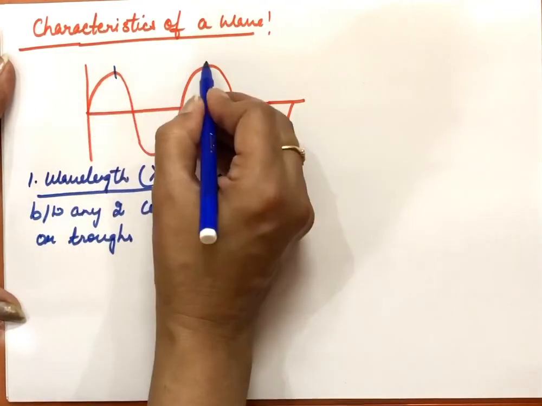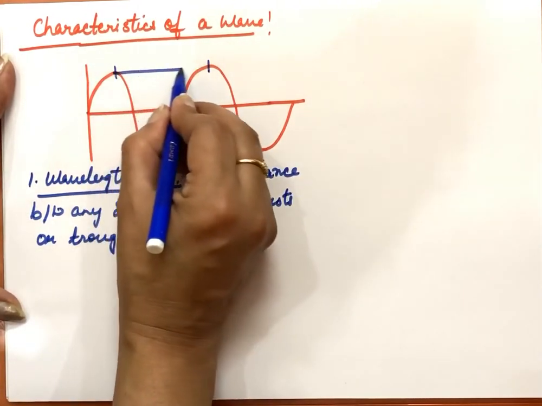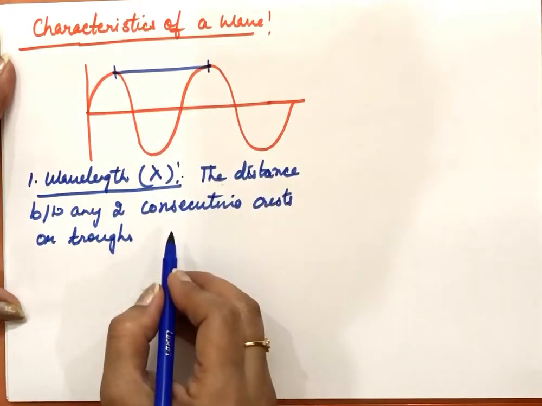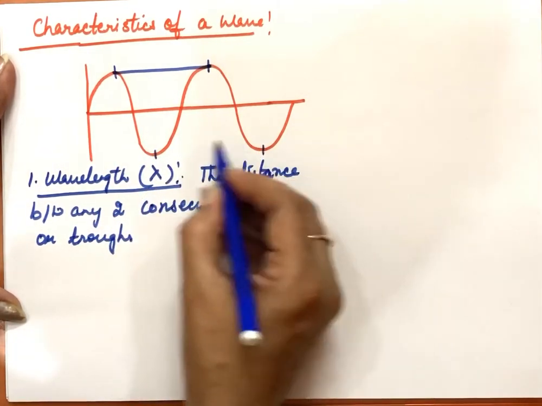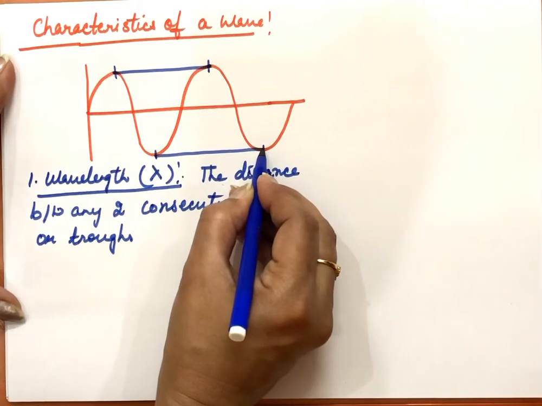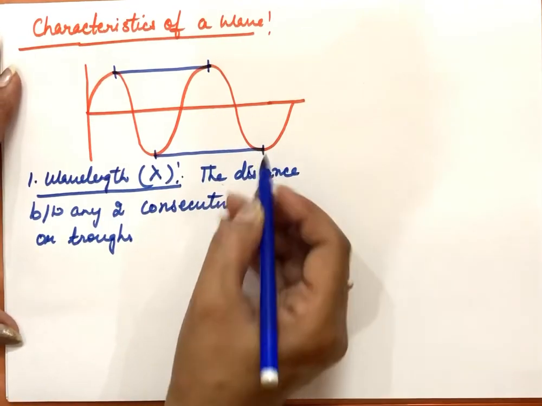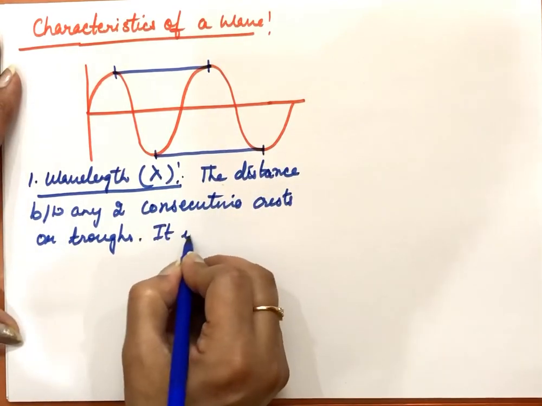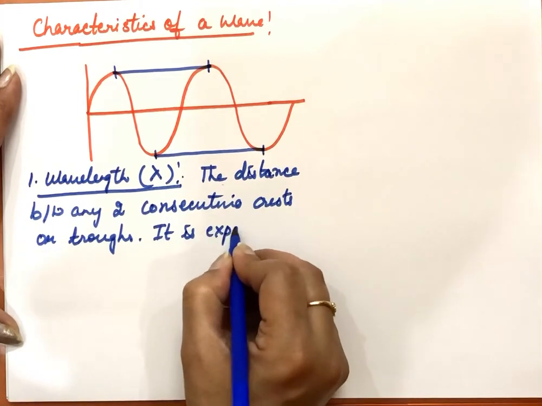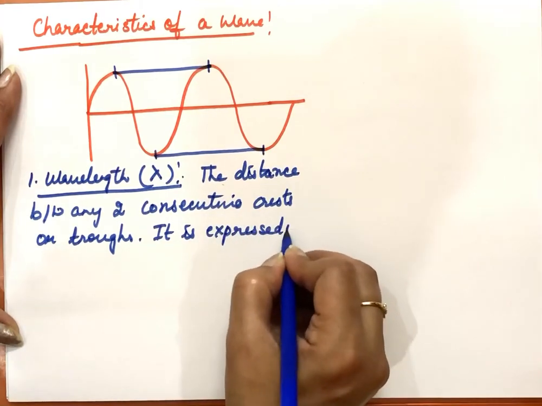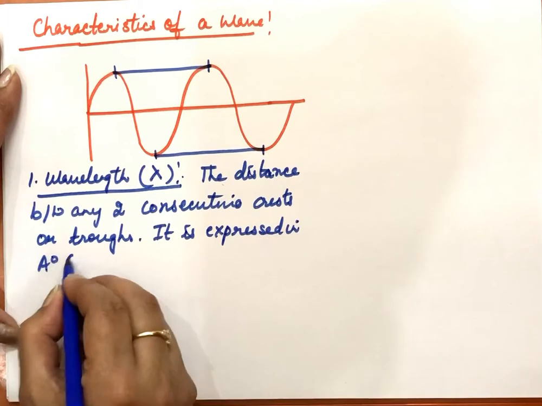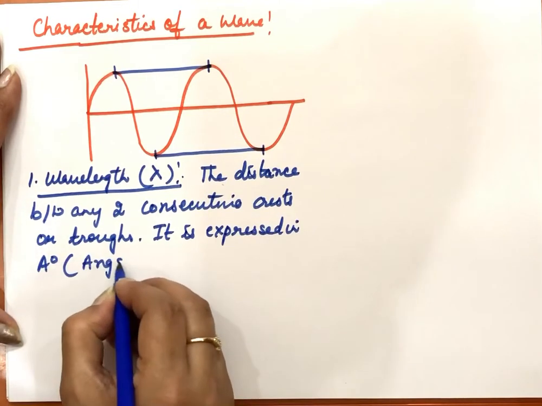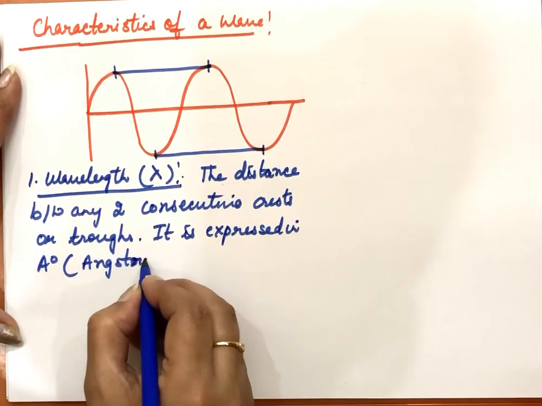Suppose these are the two crests we are taking. This distance between any consecutive crests, or if we take the troughs, between any two consecutive troughs, is known as a wavelength. The symbol we use is lambda, and it is expressed in angstrom, picometers.